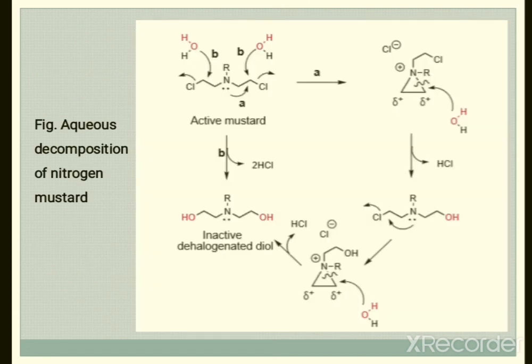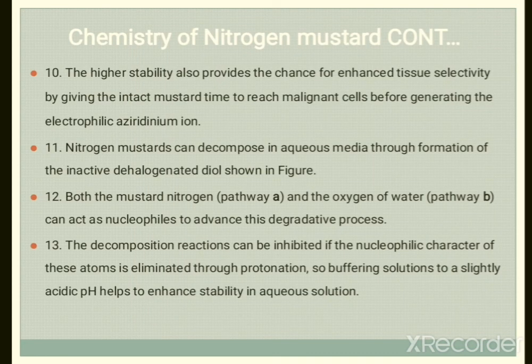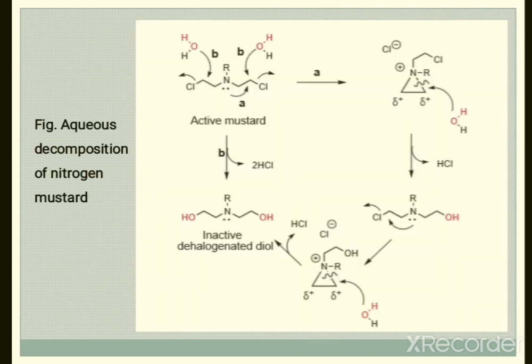You can see what we discussed in the previous slide, the aqueous decomposition of the nitrogen mustard. Two pathways will be there, pathway A, the nitrogen mustard, and pathway B, the oxygen of the water. The basic structure of nitrogen mustard is given. When the molecule reaches the aqueous region, the water molecule will attack the beta carbon.